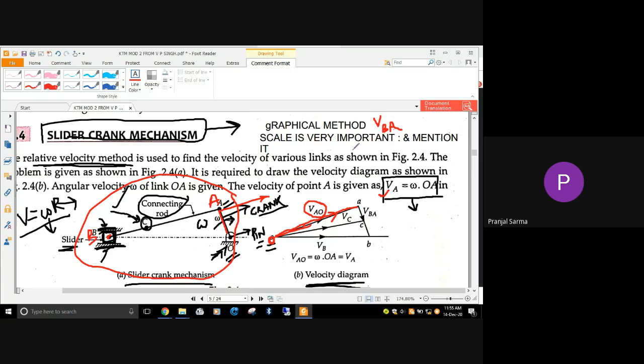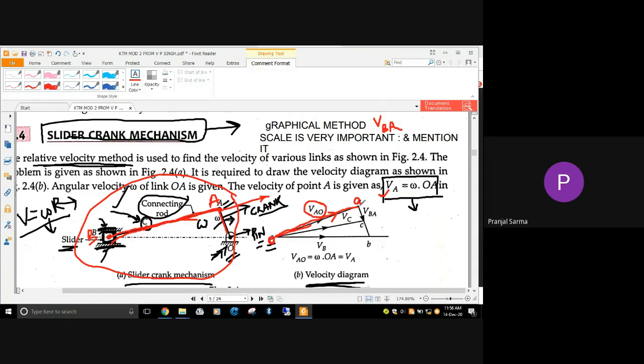Previously, up to A, we have already obtained the value. Now AB itself is a rigid link. Both the points A and B are lying on this link AB. If we want to discuss the velocity of point B with respect to A, the direction is perpendicular to this link direction. So perpendicular to it, we have to draw this PBA.